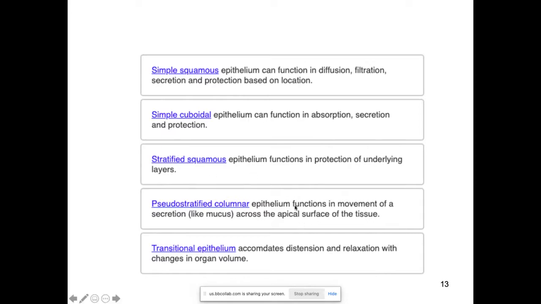Pseudostratified columnar. This is the type of epithelium that functions in the movement of secretions like mucus across the apical surface. So in the trachea, we have cilia that are beating rhythmically upward, and you have mucus that is produced by these goblet cells.